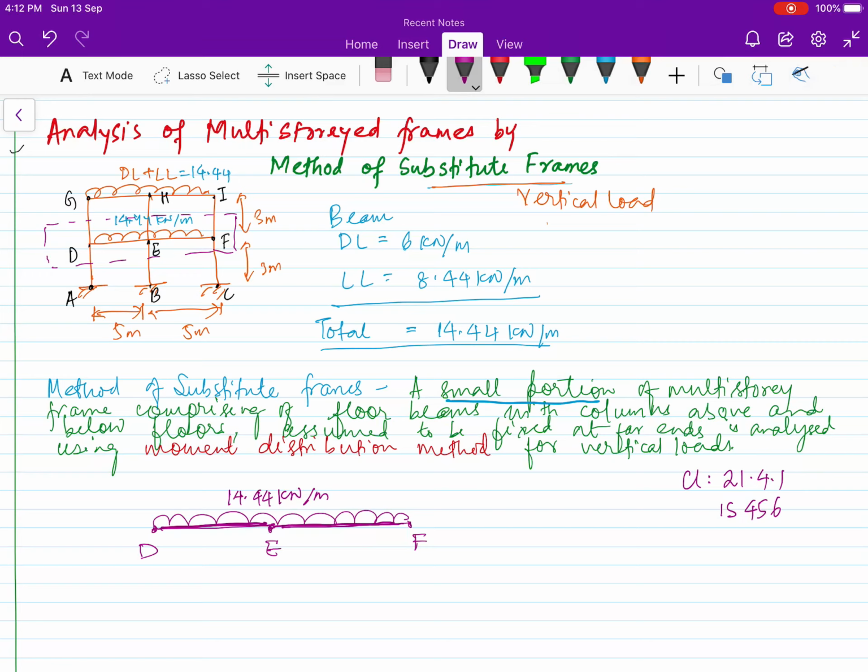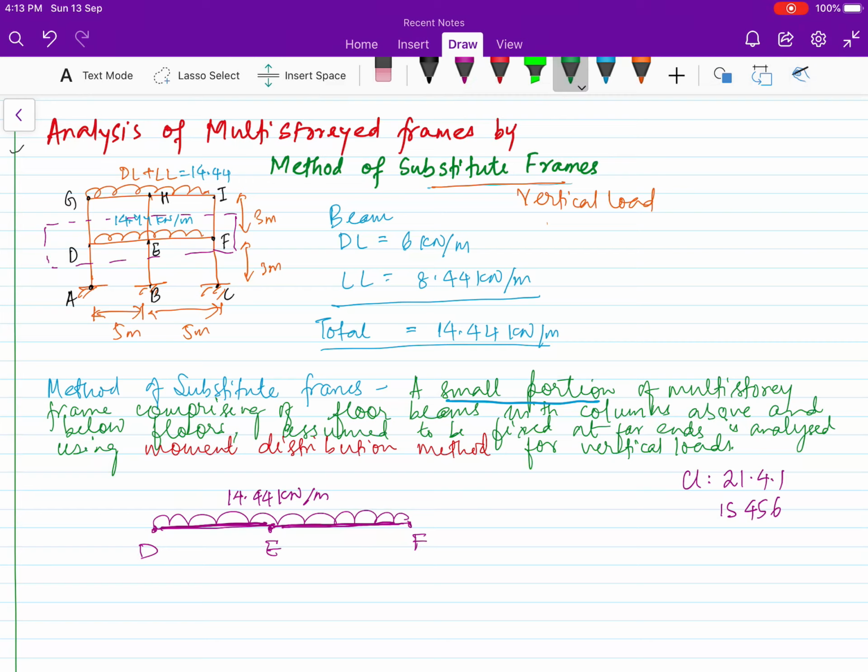Otherwise, if there are 3 spans, you can put live load alternately, because it's not necessary that your live load is always present. It can be alternate. So sometimes the effect may be different, and the critical combination can be different. That's why you can do many combinations for analyzing. Here I'm taking the whole dead load plus live load together and analyzing this structure.